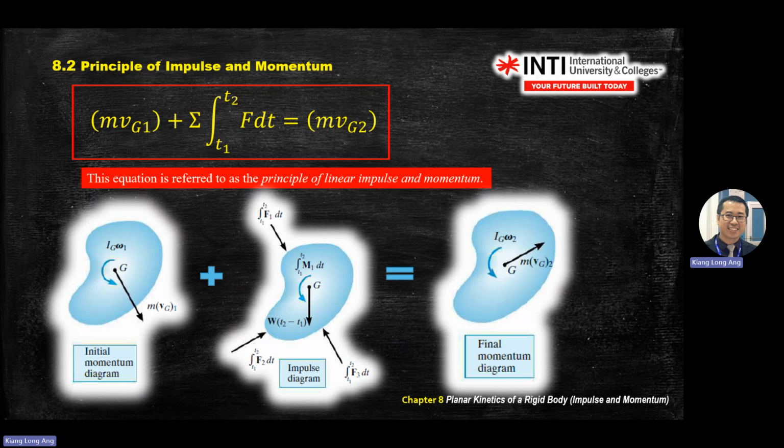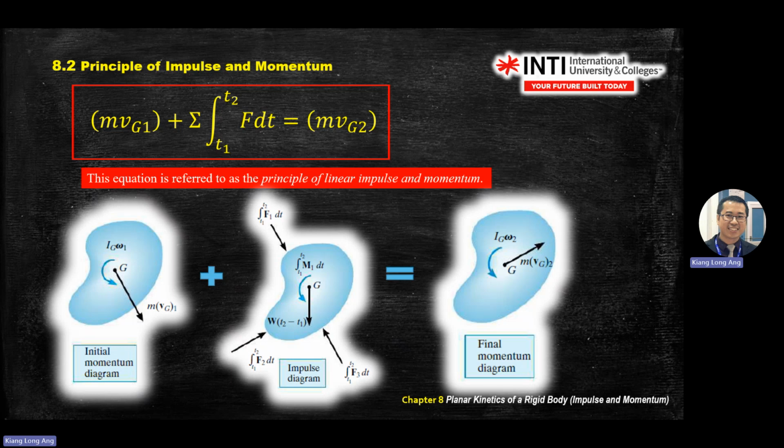So what do we mean by force? It can be an external force, it can be the weight W equals mg, and a moment can also create impulse. Then this equals the final momentum, I omega and mvG.